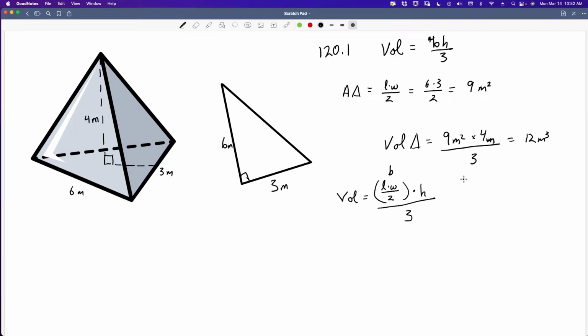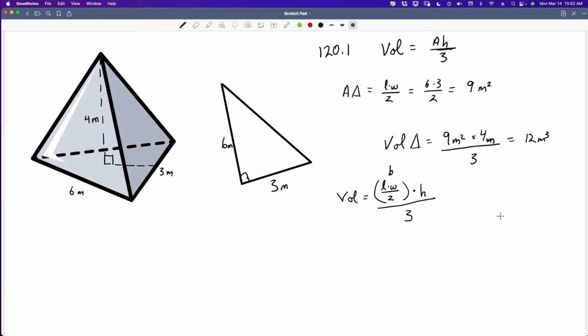All right? If it makes you feel better, just call this area times height. That might make it an easier problem for you to solve, calling that area times height. I just want to be clear which numbers you're using when you do your calculations.